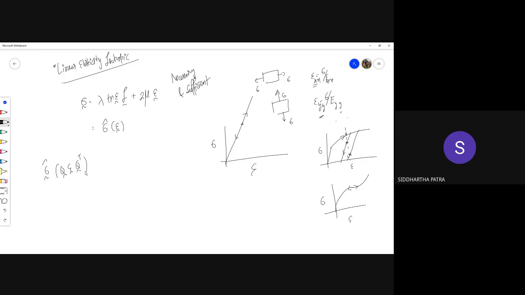So the strain in x direction is now acting in y direction, and strain in y direction is now acting in x direction. So these Q's are arbitrary. For any amount of rotation, what we are about to write is going to be true, which is lambda times trace of Q epsilon Q transpose times I plus twice mu Q epsilon Q transpose.